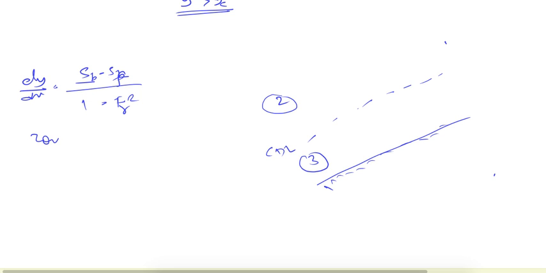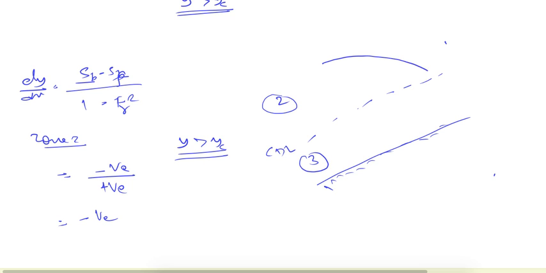So if we take zone 2, on the top it is negative, and in zone 2 depth of flow is greater than critical depth of flow. So this is the case of subcritical flow. 1 minus Fr squared will be positive, so this is negative, and so this will be a falling profile and it is meeting CDL, so it will meet it normally.